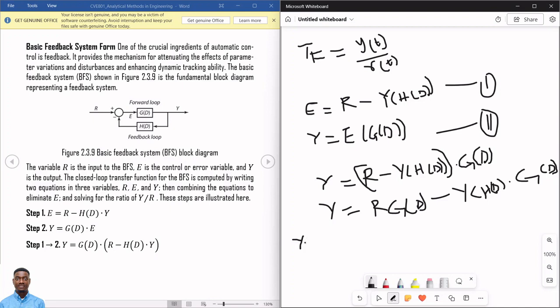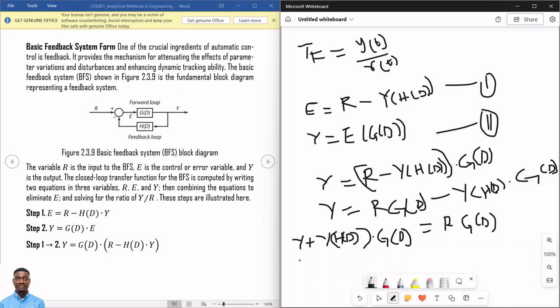So let's bring our Y to the right and our R, which is the input, to the left. So that will be Y plus Y H D dot G D in this case. And we have R G D here.